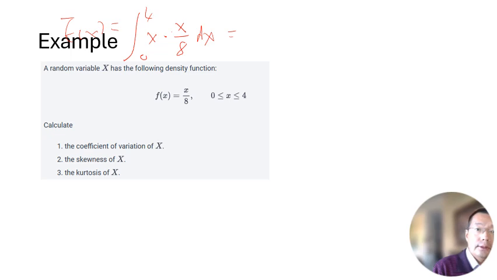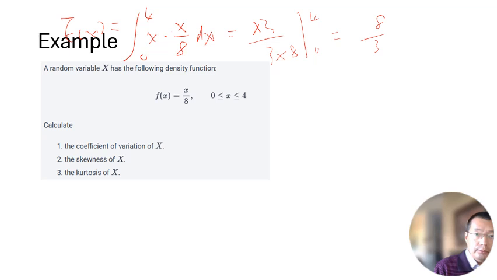From here we can see this is x squared over 8, and when you integrate it, it becomes x to the third power over 3 times 8, from 0 to 4. 4 to the third power is 64, 64 divided by 8 is 8, and so we got 8 over 3.